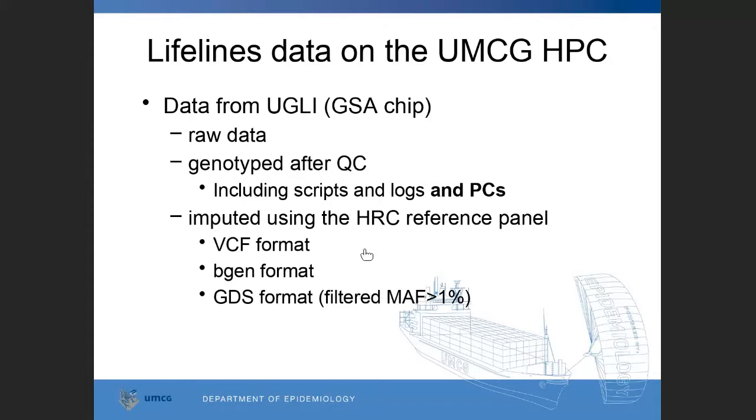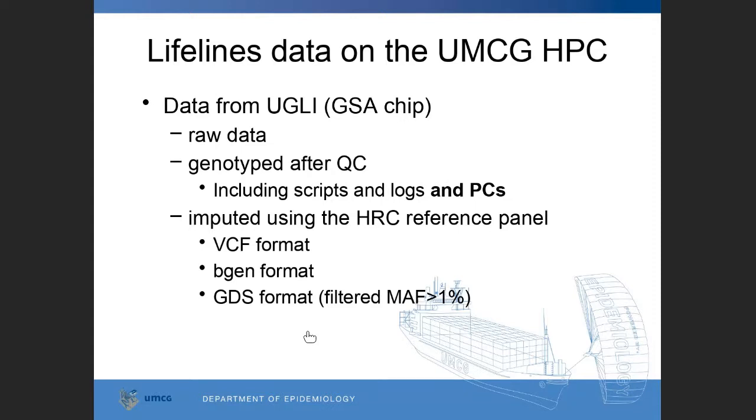Within the Department of Genetics, they also converted these to other formats: BGEN, the binary Oxford format, and GDS format, which is a format that can be used by software called SAIGE. This SAIGE software can deal with the relationships between the individuals.